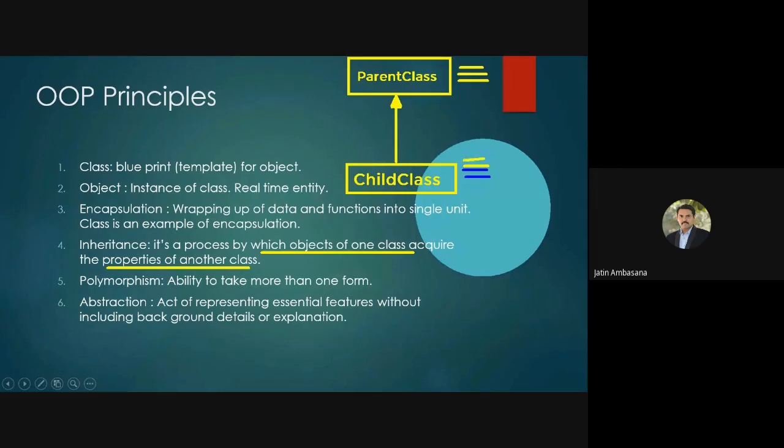So in all it gets 5 properties: 3 from the parent class and 2 from its own. This process is called inheritance, inheriting the properties of the parent class.